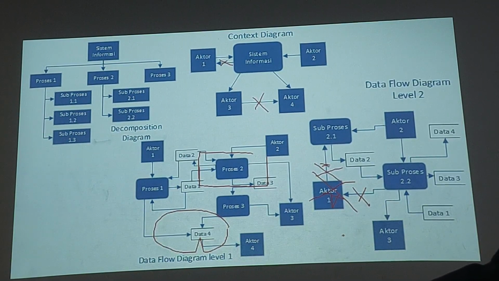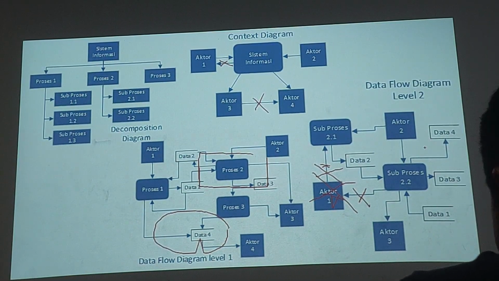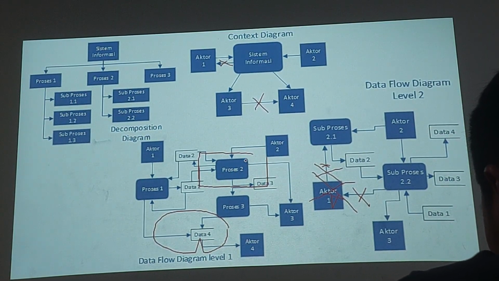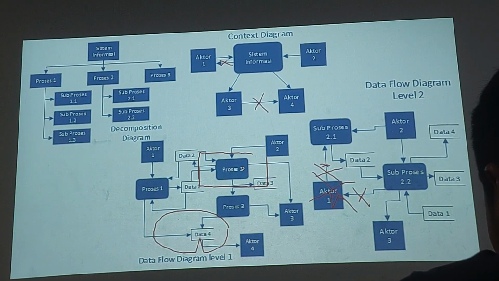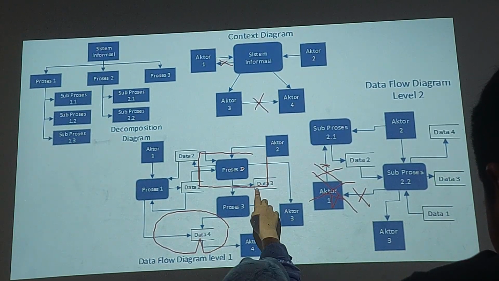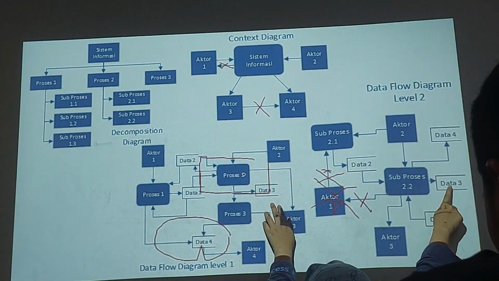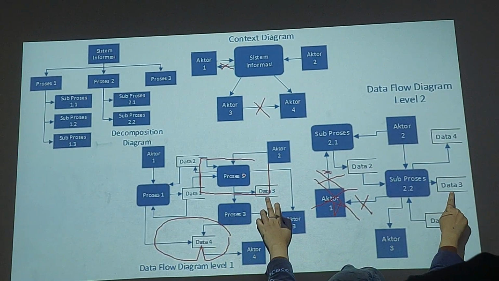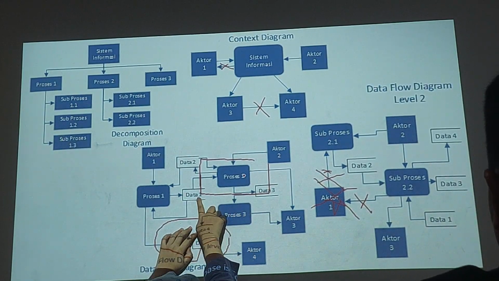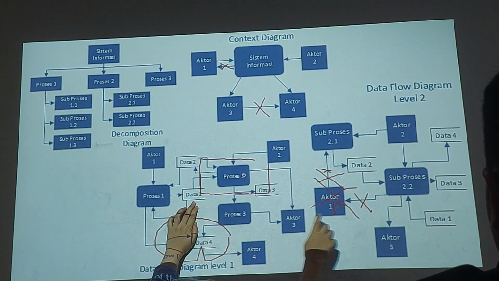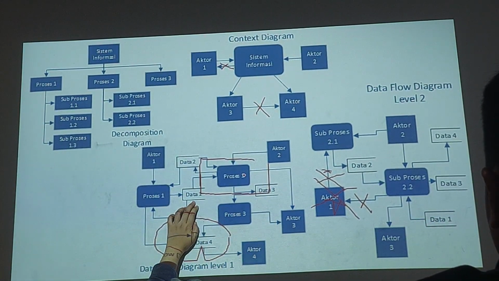Okay, and then actor 2 gives input and then the process is related to the database. So the database is data 3. And then give from data 1, which is correct.